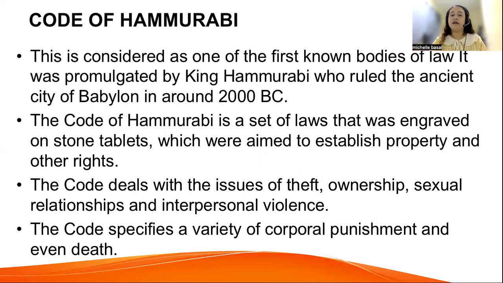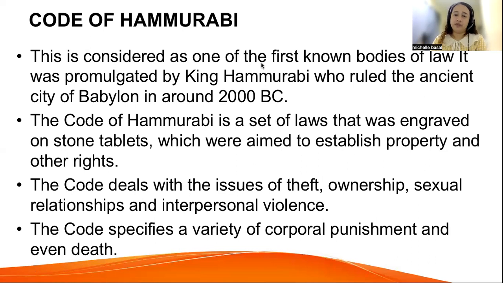The Code of Hammurabi is a set of laws that was engraved in stone tablets. Not written, but engraved, and it was aimed to establish property and other rights. The code deals with the issues of theft, ownership, sexual relationship, and interpersonal violence.